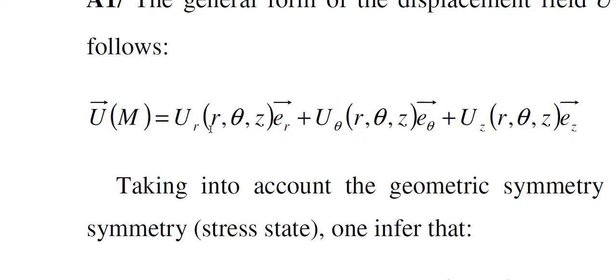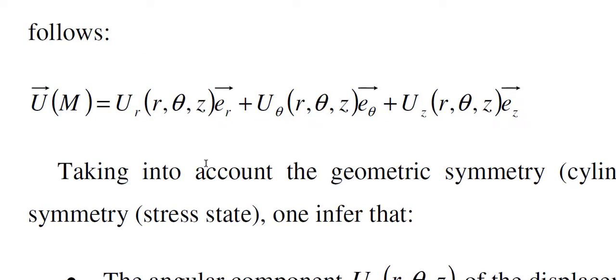R is the coordinate of the point M along the radial direction ER, and theta is the coordinate of the point M along the circumferential direction E theta, and Z is the coordinate of the considered point M along the longitudinal direction EZ.